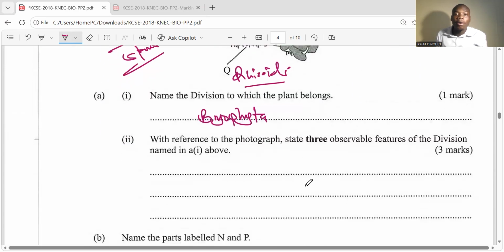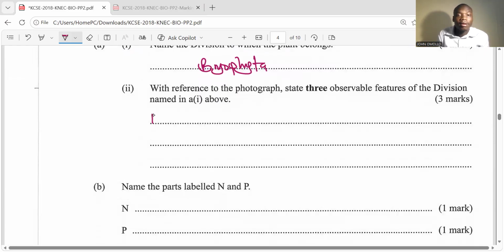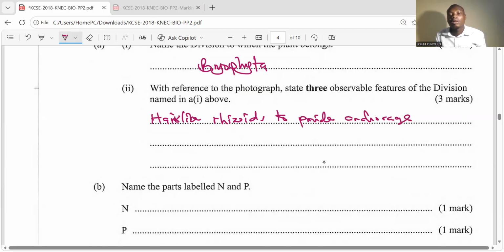Number 1 is the hair-like rhizoids, or we can talk about numerous rhizoids to provide anchorage and absorption of water and mineral salts.